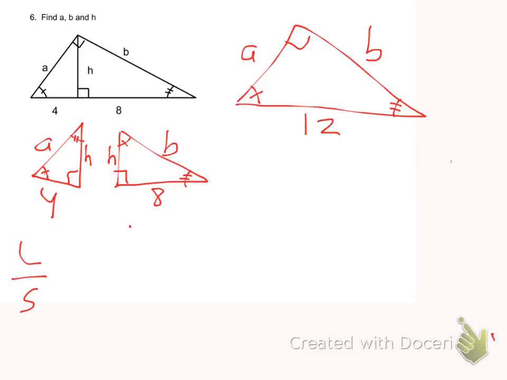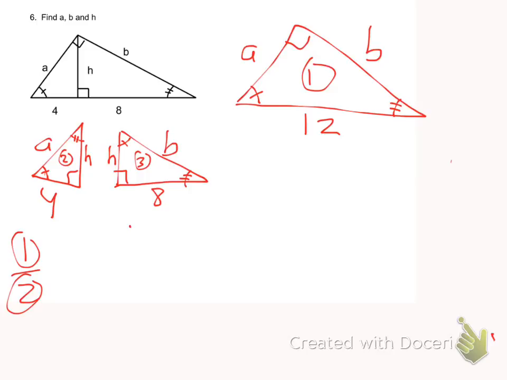The large one, or if I call this 1, 2, and 3. What if I do triangle 1 over triangle 2? So 1 over 2. What if right now I wrote down all three of those ratios? These ones are a little bit tougher, I'll admit. But let's do triangle 1 over triangle 2 and list all three.